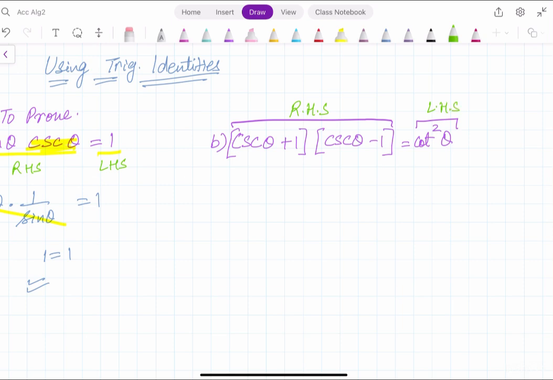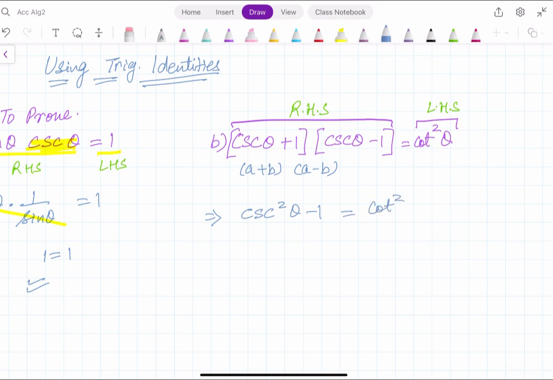After that, if you look at the left hand side, this is in the format of a plus b, a minus b. And if you remember, a plus b times a minus b is nothing but a squared minus b squared. So I can rewrite it as cosecant squared theta minus 1.